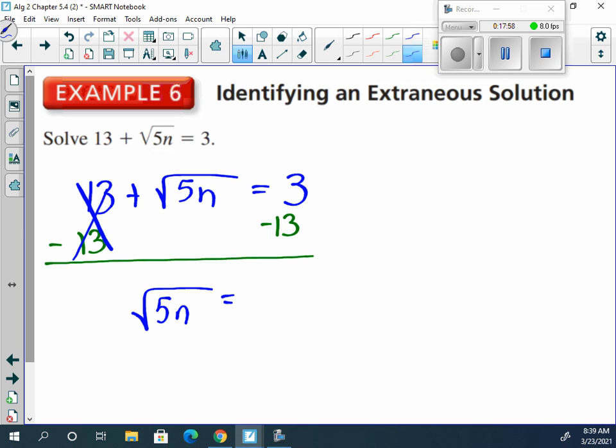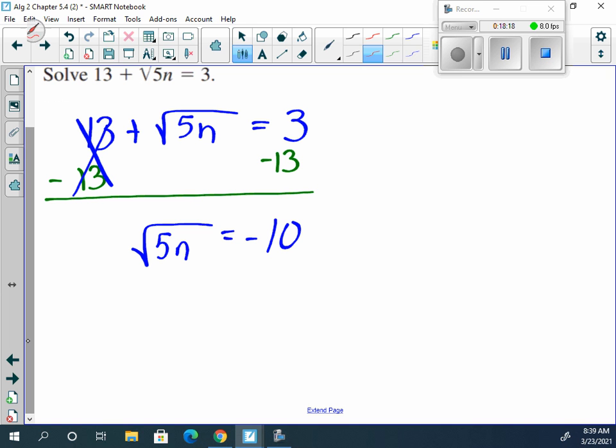These become 0. 3 minus 13 is? Okay. What do we do next? We square them because the radical is by itself, yes? So we can square both sides.